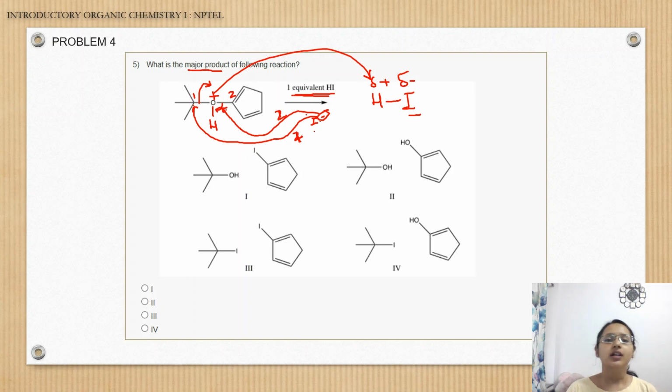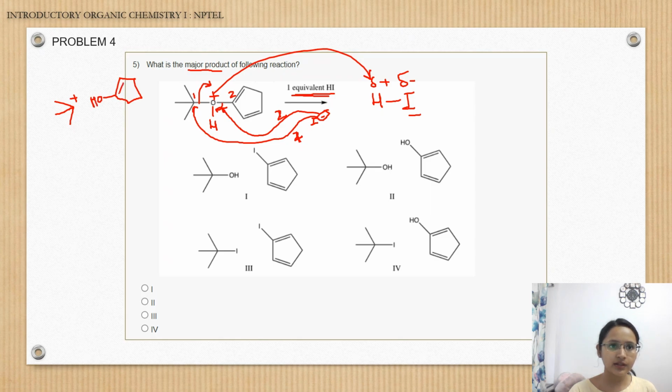Okay. So, guys, first of all, I have told you that you have to imagine the products. So, if carbon number 1 is getting attacked by iodine, then what will happen? The bond is breaking here, so there is a carbocation here, and you are left with this moiety and an alcohol, right?